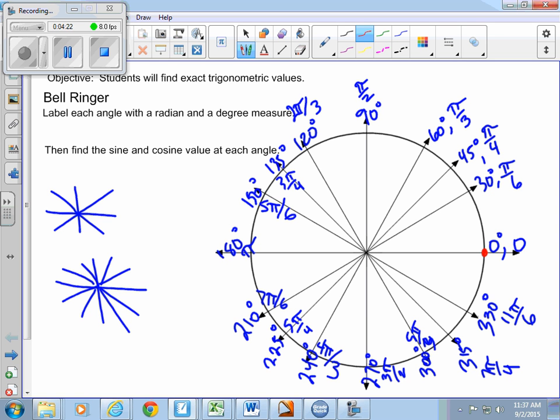So what's the cosine of 0? 1. What's the sine of 0? What is the cosine of 30 degrees?